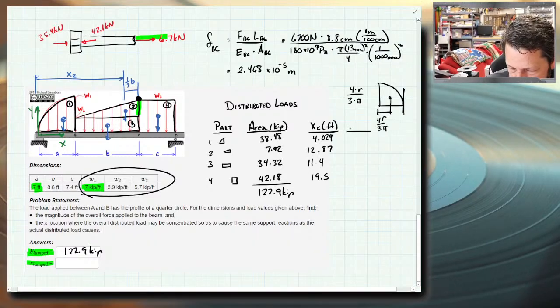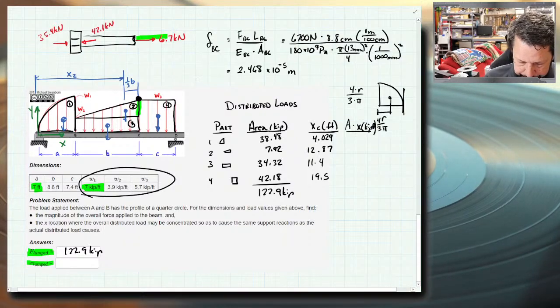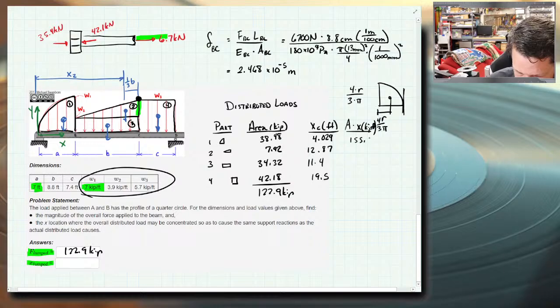And then finally we do A times X, which will give us kip feet. 38.48 times 4.029. 7.92 times 12.87. 34.32 times 11.4.